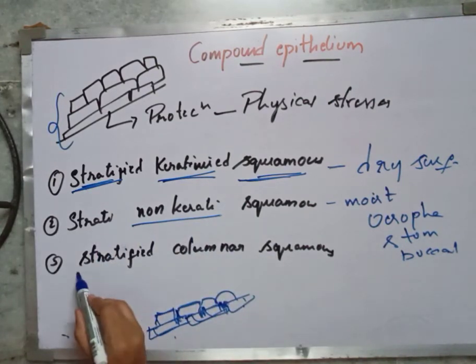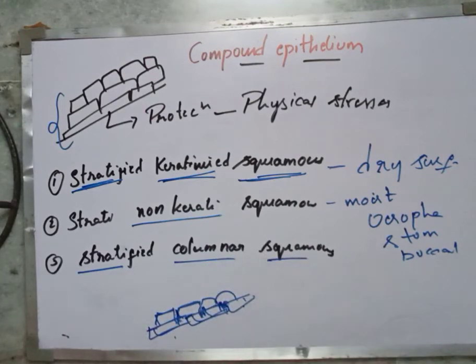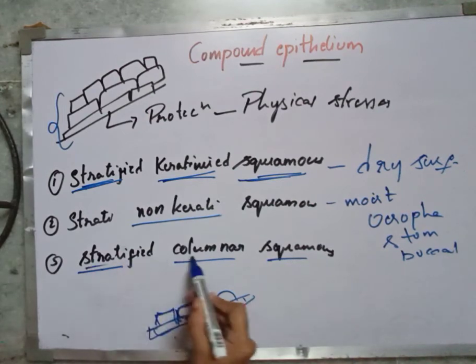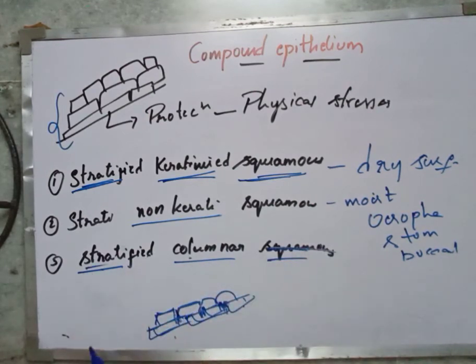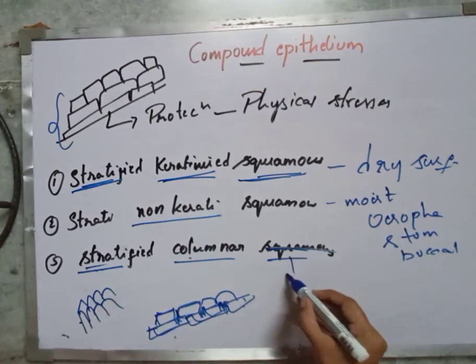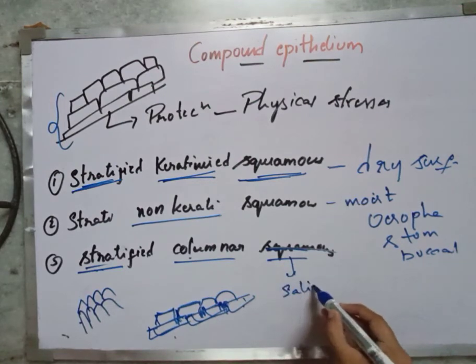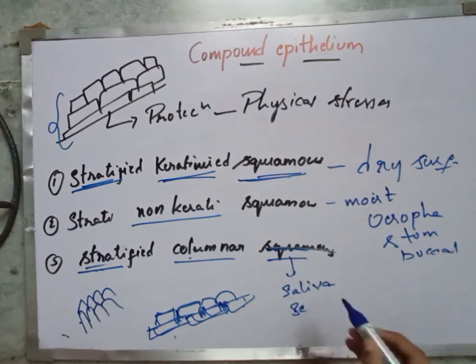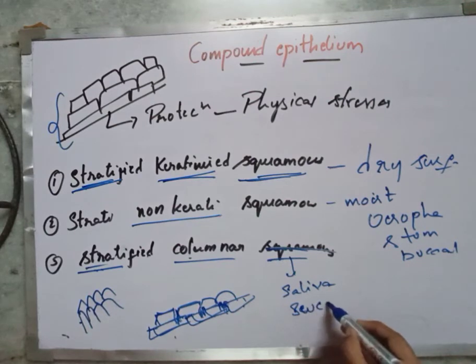And the third one is stratified columnar epithelium. Stratified means more layers, and columnar means column-like cells are present in the multiple layers. It is found in the salivary glands, the sweat glands and the pancreatic ducts.